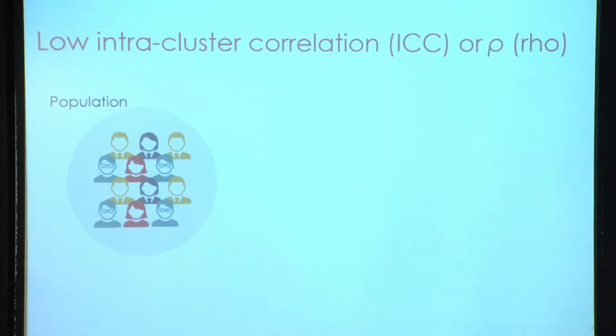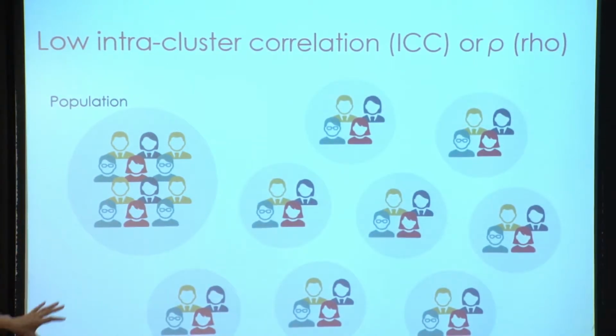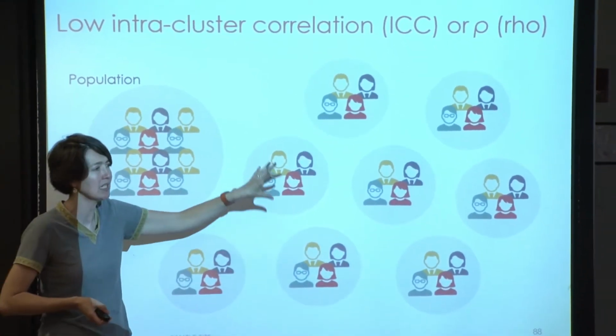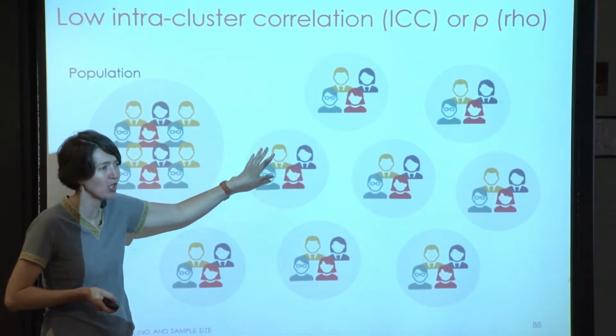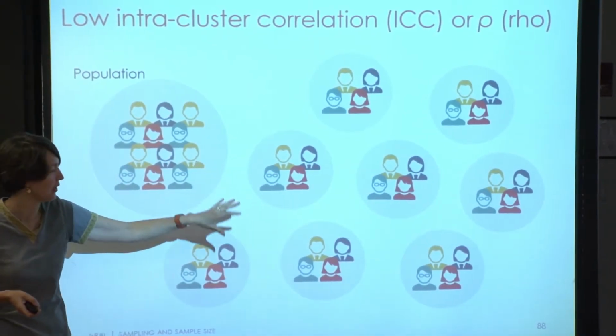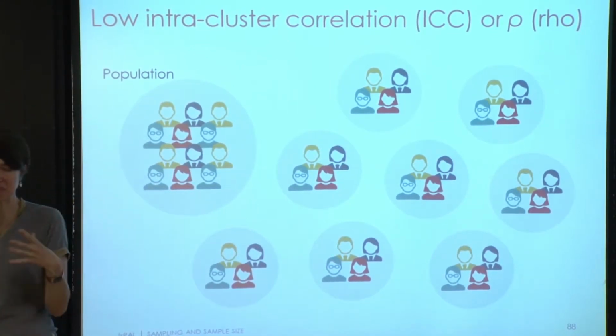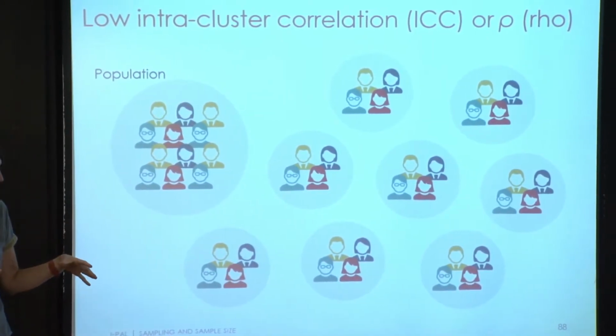So to explain what that is, we have this population of very different kinds of people, some with red hair, some with blue hair. And that population lives in clusters: families, firms, schools, neighborhoods, many, many different kinds of clusters in our lives.